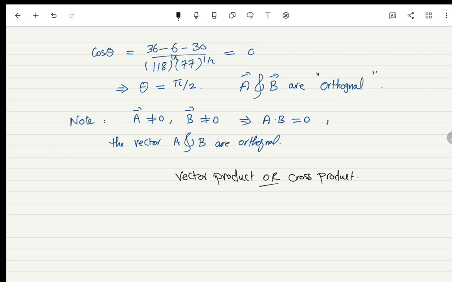When you cross product two vectors, the answer is a new vector which is perpendicular to the original vectors A and B. In other words, A cross B equals a new vector C, and this C is perpendicular to A and B. From this comes the name cross product or vector product, because the result of the cross product of two vectors is a new vector.